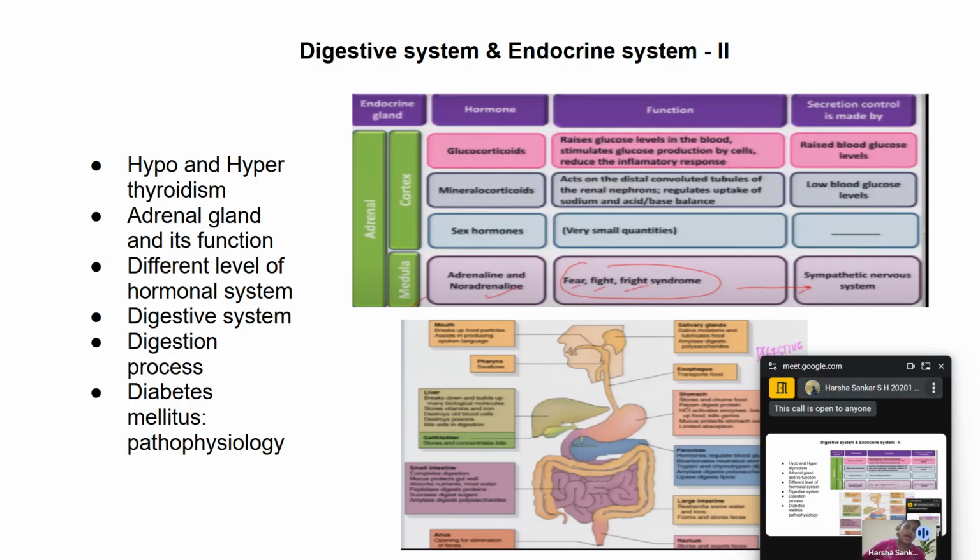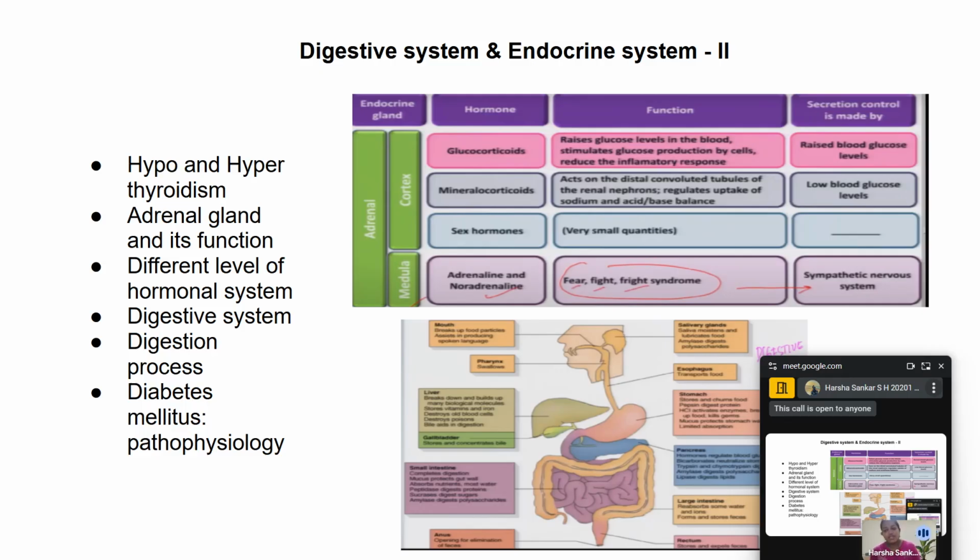We have different glands and we know the roles of gland specific sex hormones, but the role of sex hormone in the adrenal cortex is little known. Then in the medulla, we mainly see two hormones, adrenaline and noradrenaline, which regulate the sympathetic and parasympathetic system, or the fight or fright syndrome, and are involved in regulation of the sympathetic nervous system.